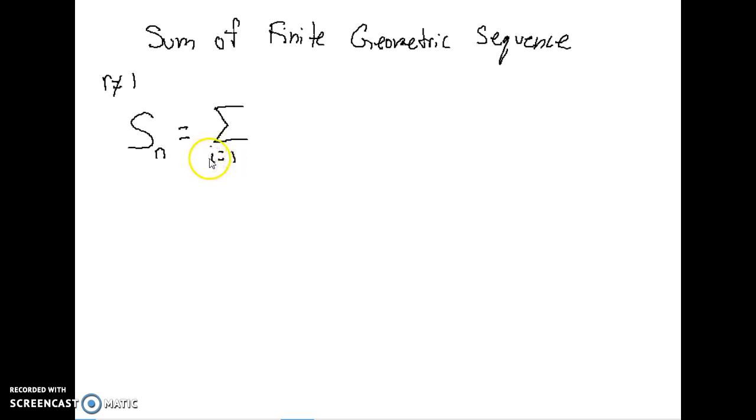So the letter is equal to 1, and I'm going to go to my most terms. So this is saying my sequence is starting with the first term and ending with whatever term I have here. And then what you're going to see is the expression a of 1 times r to the power of i minus 1. So that's summation.